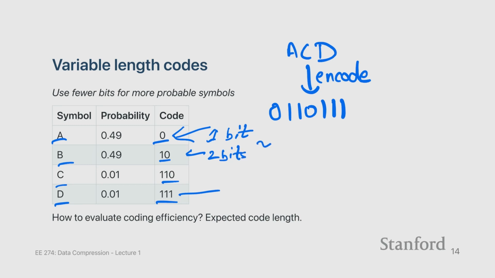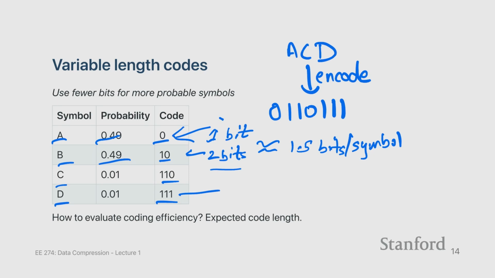So on average, you are using roughly 1.5 bits per symbol. The other two we will ignore for the moment because they are very low probability events. So you are using 1.5 bits per symbol instead of 2 bits per symbol. Is that roughly clear? A and B are the things that occur more often, so for A you use 1 bit, for B you use 2 bits, so it's on average 1.5 bits per symbol.